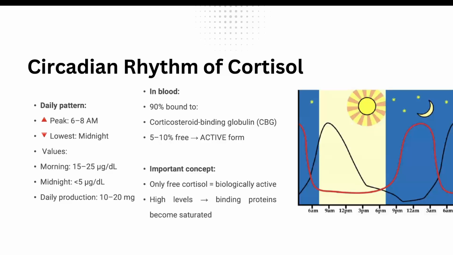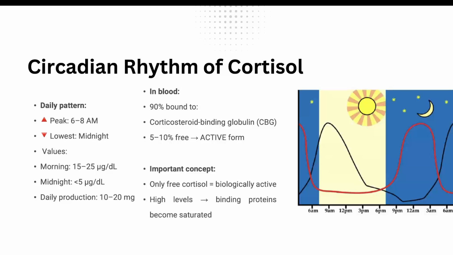So when you give exogenous glucocorticoid medicine, you must give the largest dose in the morning. For example, if you give 100 milligram, at least 50 milligram you must give in the morning, and the remainder of the dose must be divided into afternoon and evening and so on.